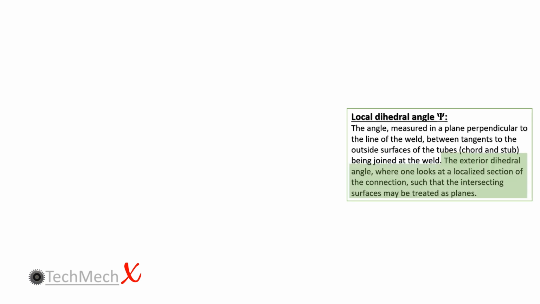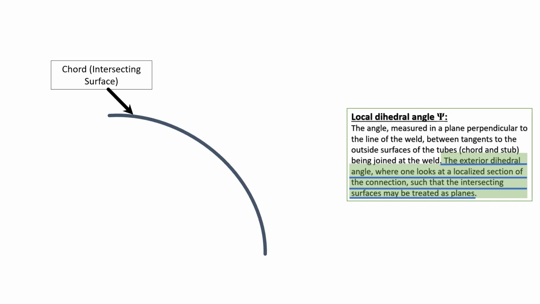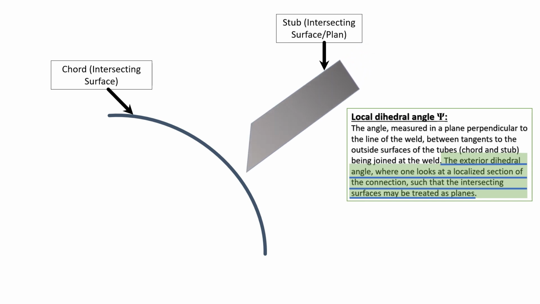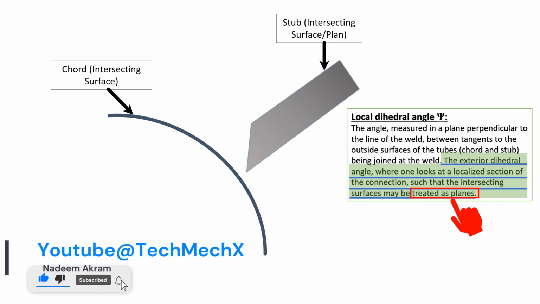The green highlighted and underlined text: the exterior dihedral angle, where one looks at a localized section of the connection such that the intersecting surfaces may be treated as planes. Both surfaces are to be treated as planes, but in the given section the stub appears as a plane, whereas the chord is a curved surface, not a plane.